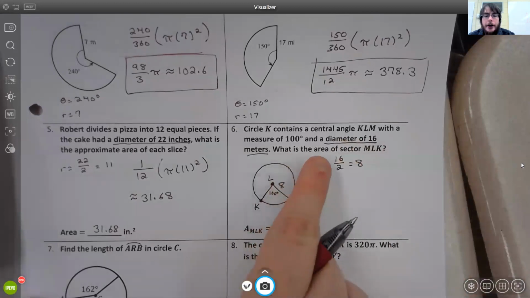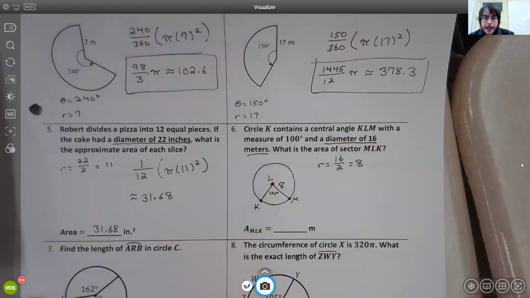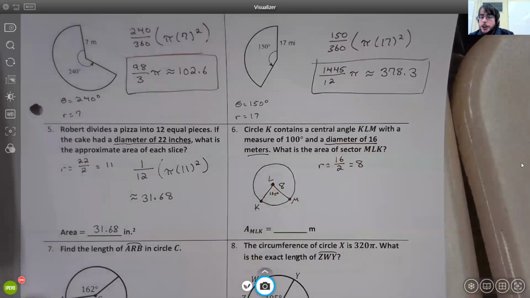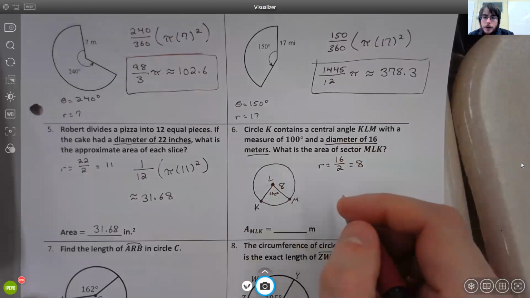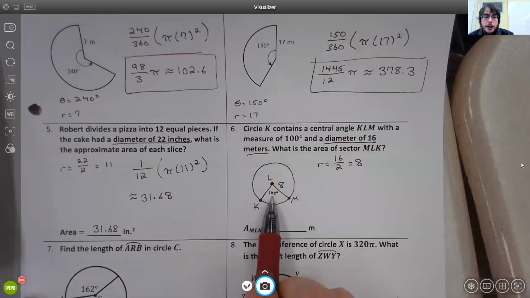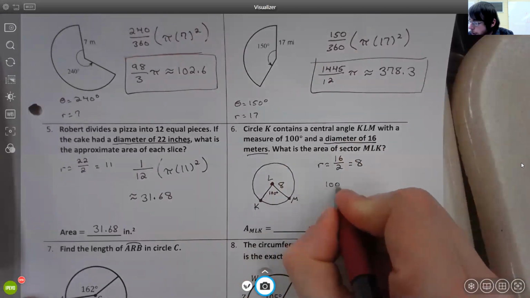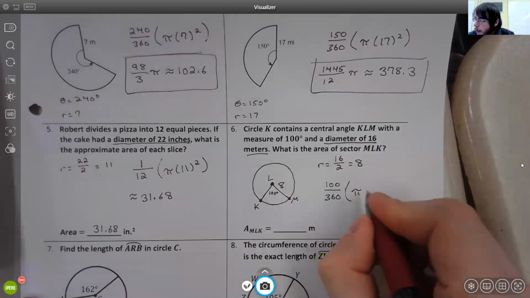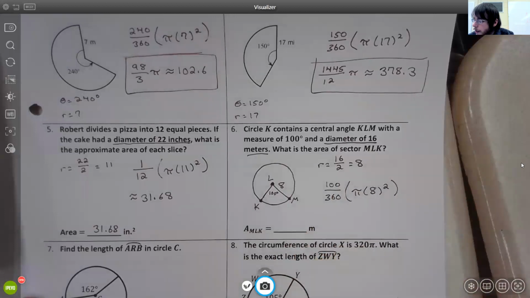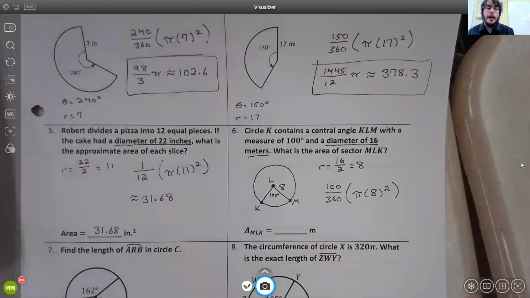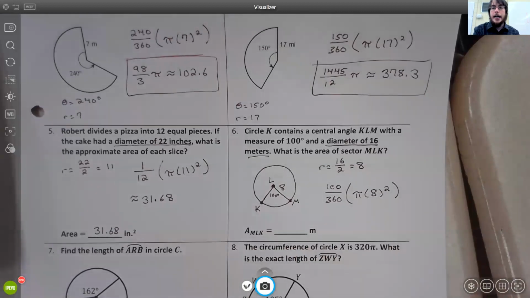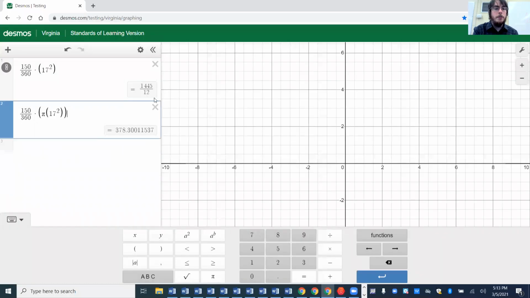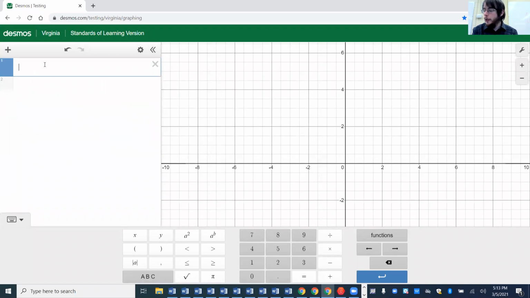Now it wants to know the area of sector MLK. So we're looking for the sector area. So we do theta over 360. Well, our central angle is 100 over 360, and then times pi r squared. So r is 8, so you're going to put 8 squared there. And then you're going to determine your area. Now you can do it exact or approximate. We'll do both.